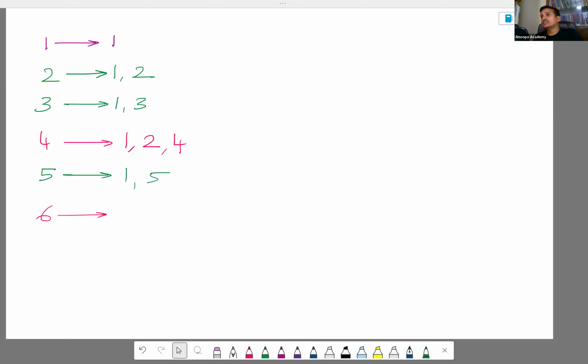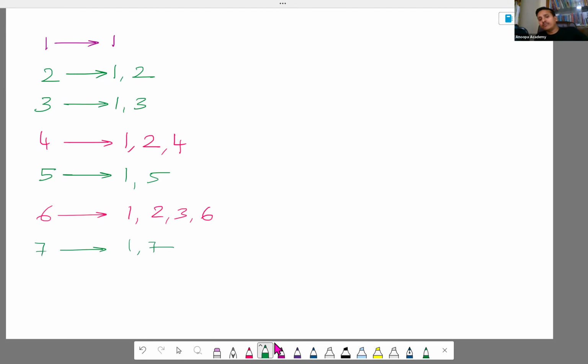It is 2 also. Yeah, now you have put, correct. So factors of 6 are 1, 2, 3, and 6. Suppose you take the number 7. What are the factors of 7? Very nice. 1 and 7, right? Factors of 7 are 1 and 7.